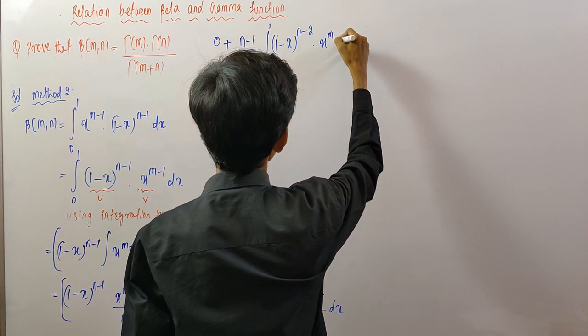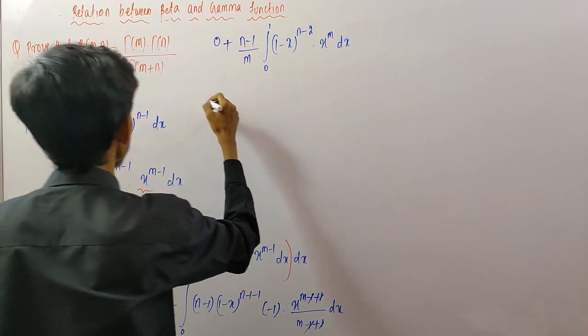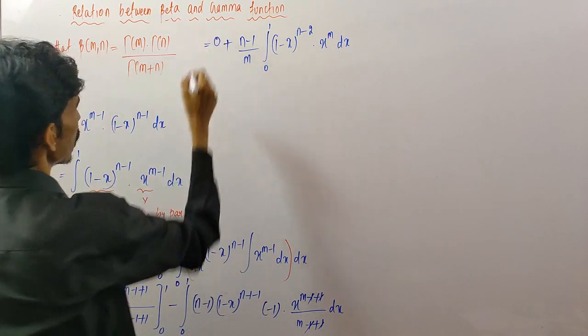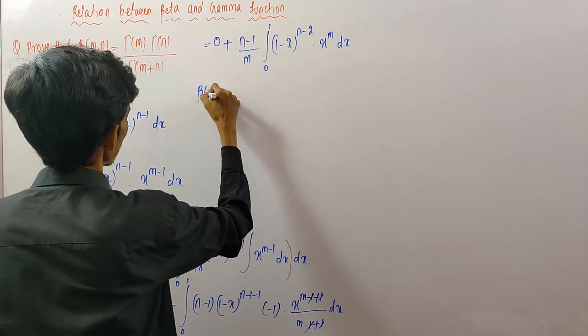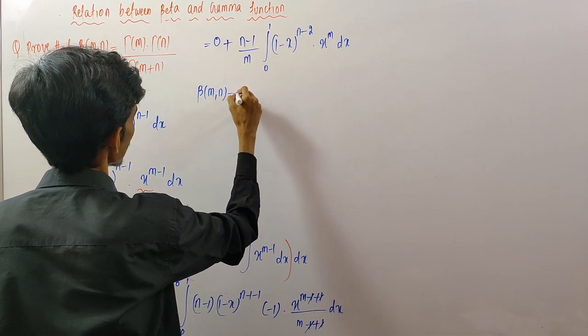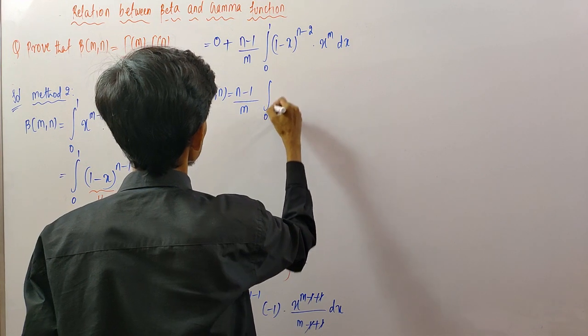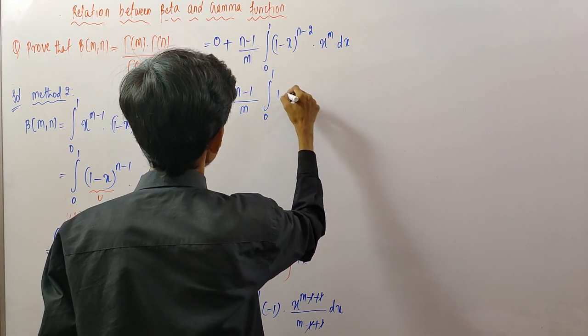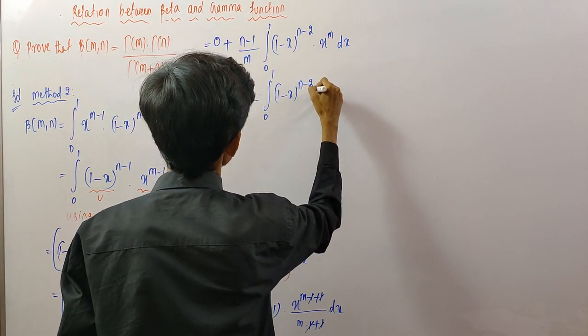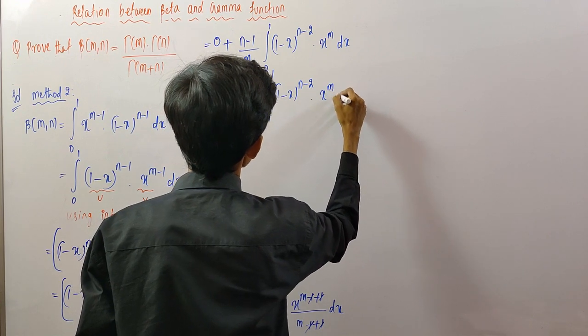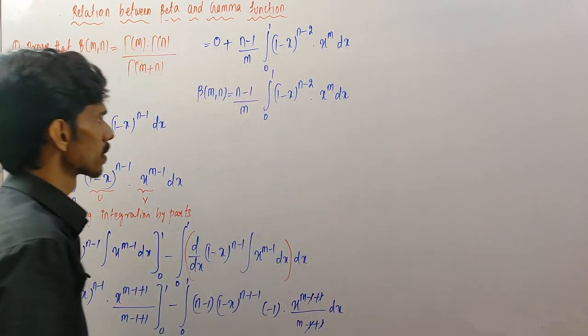Hence we have this beta value: beta of m comma n is equal to n minus 1 by m integration 0 to 1, 1 minus x whole power of n minus 2 into x power of m dx.